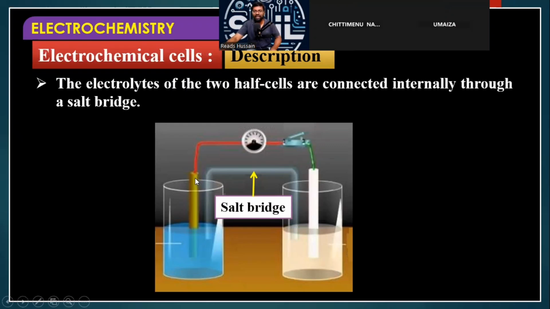The two electrodes, zinc rod and copper rod, are connected with an external wire, say some iron or any metallic conductor. In between, we have arranged a voltmeter to know how much voltage is produced. And this is a switch. This is the simplest arrangement.